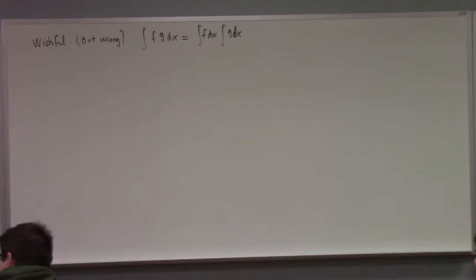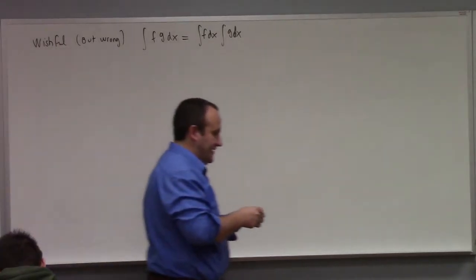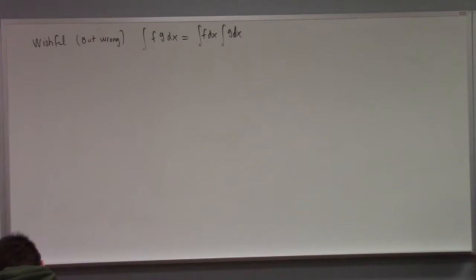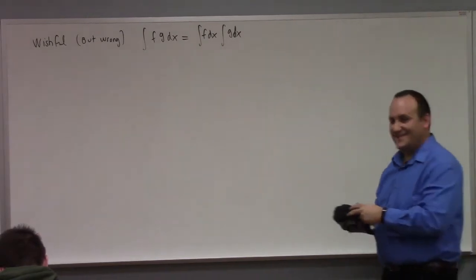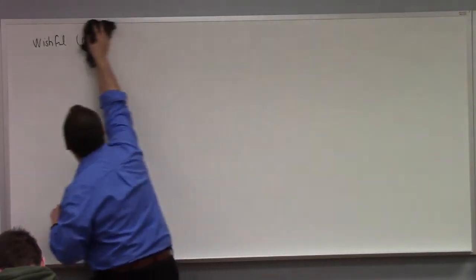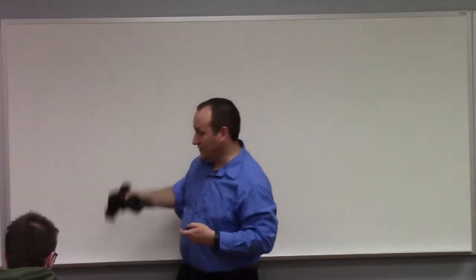Integration usually involves some kind of backwards thinking, right? I should probably just erase this from the board before somebody takes it out of context and starts doing this. I mean, if this were true, this course would be much easier, right? But it's not.